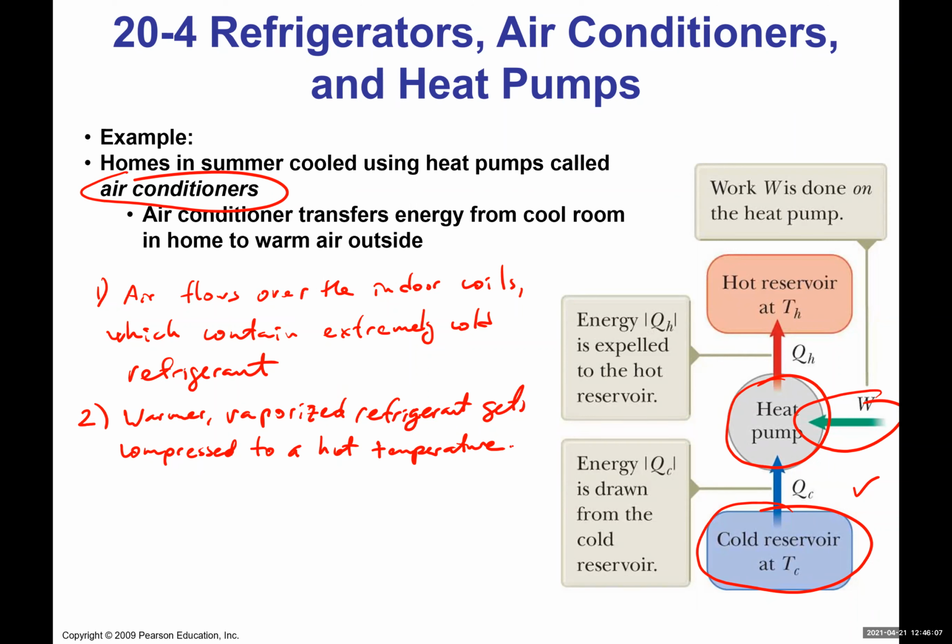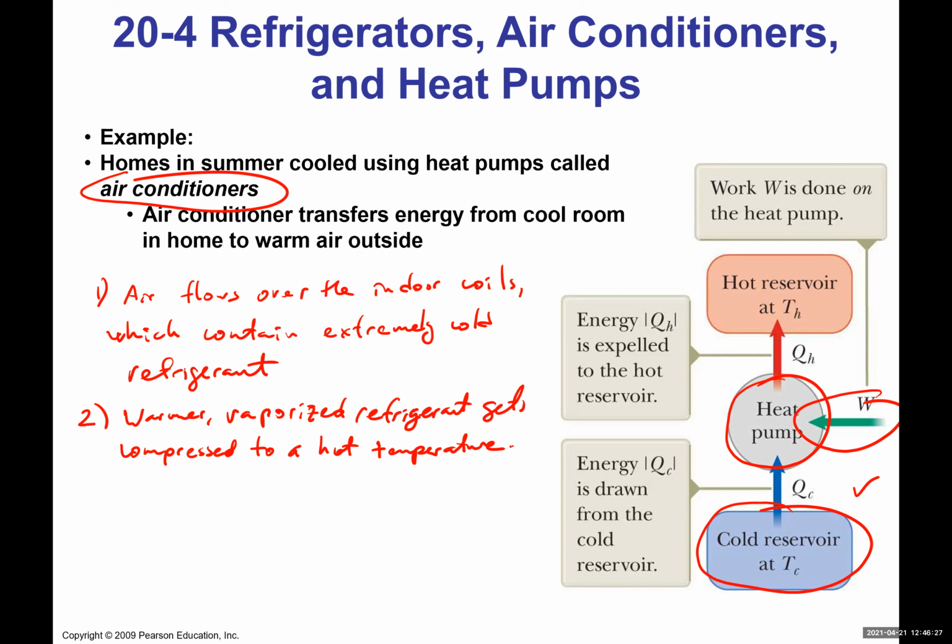All right. So now you can think of it like this. You have a refrigerant that has an extremely high temperature, and you have air molecules outside your house that have a hot temperature. But still, if your refrigerant has a higher temperature than outside, then heat will go from the refrigerant to outside. Okay.